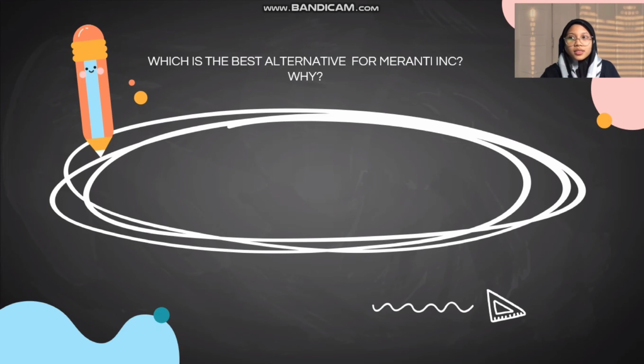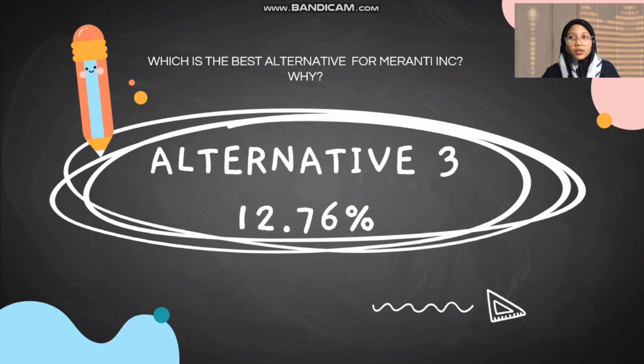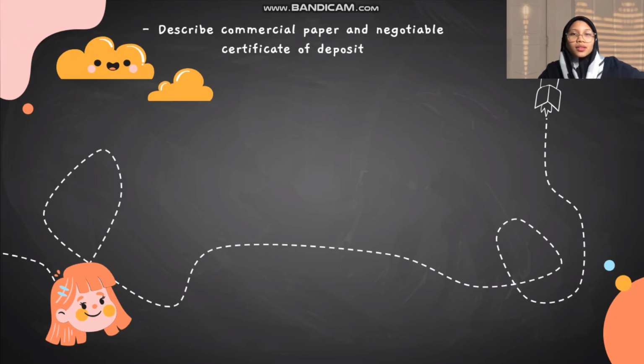The answer is the best alternative for Meranti INC is alternative 3 because it has the lowest cost of 12.76%. The last is to discuss commercial paper and negotiable certificate of deposit.